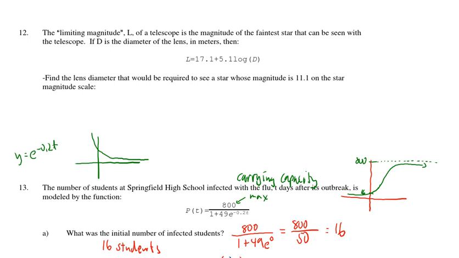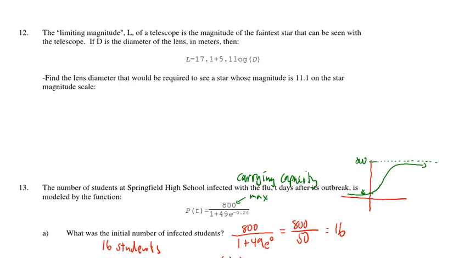All right, this is an equation I found for what's called the limiting magnitude of a telescope. If you didn't know this, they rank the brightness of stars on something called the star magnitude scale, and this equation relates the diameter of the lens of your telescope to the limiting magnitude, the faintest star you can see.